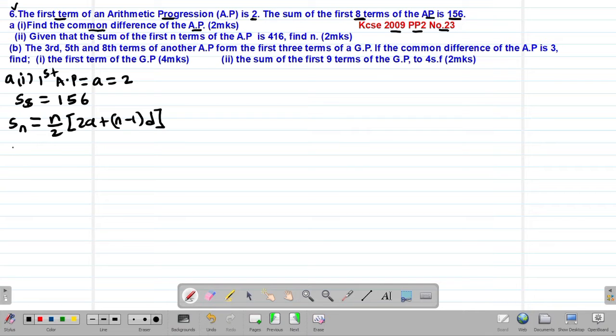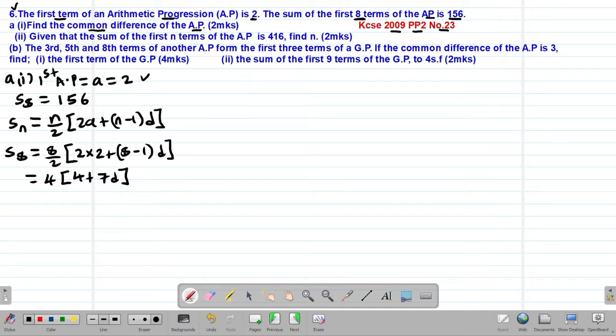So, for me to find S8, I'm going to substitute the values as the number of terms will be 8 over 2, into bracket 2 multiplied by the first term, which is positive 2, plus 8 minus 1, multiplied by the common difference d. If I simplify, I'll end up with 4 into bracket 2 by 2, I'll get 4, plus 8 minus 1, I'll get 7, multiplied by d.